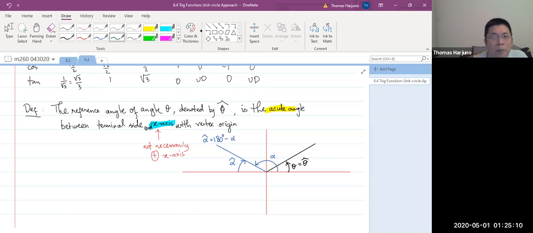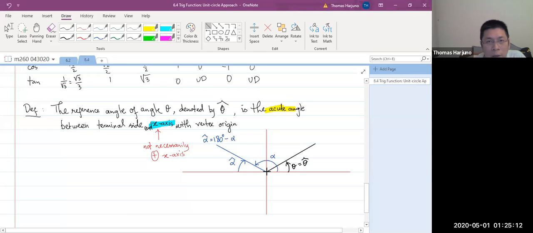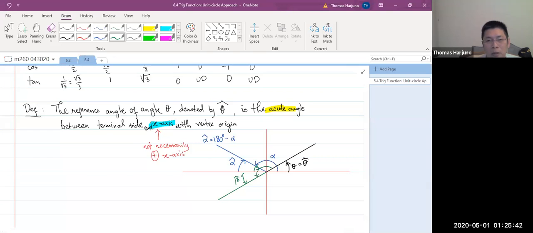Now, what happens if the angle is in quadrant 3? Let's call that angle beta. Then beta hat will be here. This is beta hat, the angle between the terminal side and the x-axis.